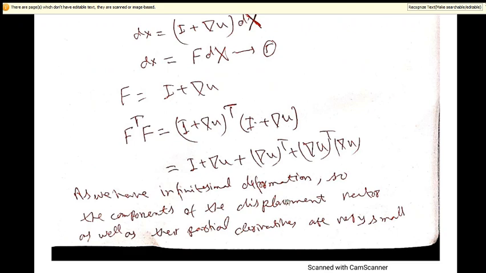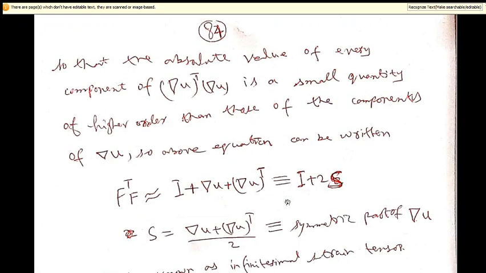We are supposing that we are dealing with infinitesimal deformation, so it means that the components of the displacement vector and their partial derivatives are small. So the absolute value of every component of this will be a product of partial derivatives of the displacement vector u.